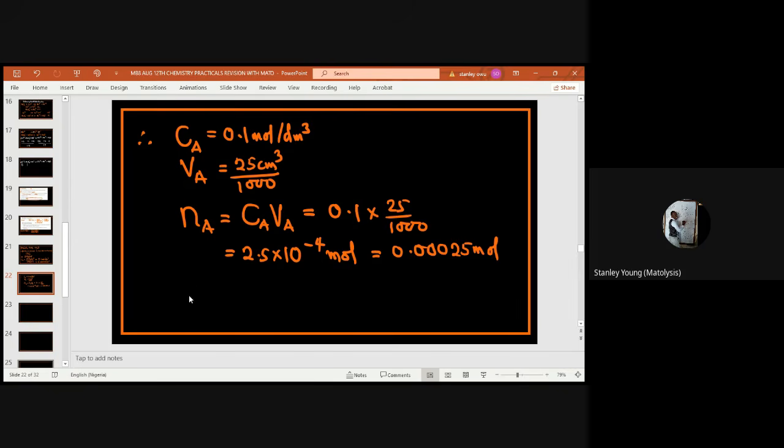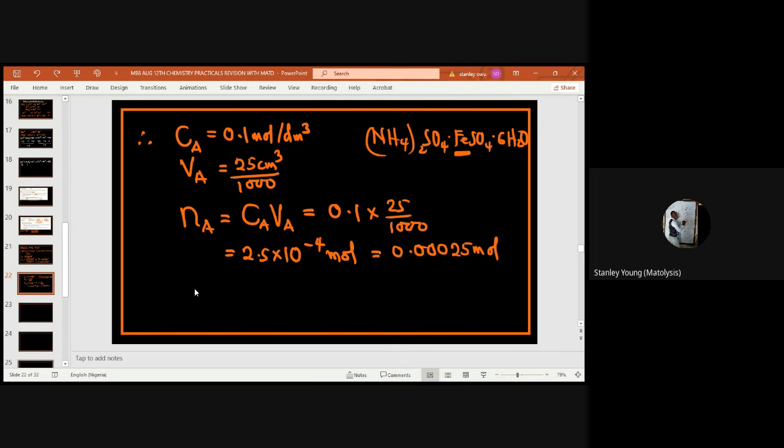The question asks for the number of moles of iron 2 plus present. If you look at the salt A itself, you know it is NH4 into 2 SO4 dot FeSO4 dot 6H2O. You can see that here we just have one atom of iron 2 plus. Because we have one iron 2 plus there, it's just going to be in alignment with what we have here.